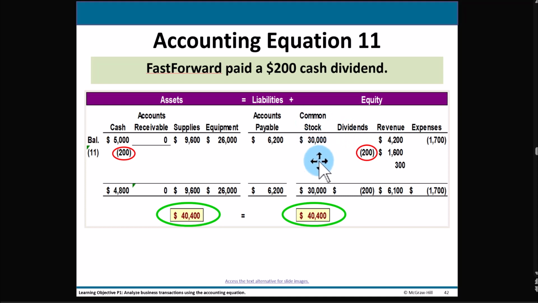You notice we don't reduce common stock, yeah? We keep track of dividends in its separate account. And it's just like an expense where we use it as a negative number. Again, dividends are not expenses. It's its own separate account here. And if dividends go up, this equity, because of this negative, equity will go down.